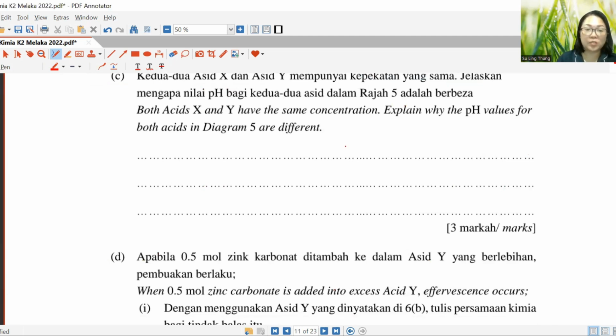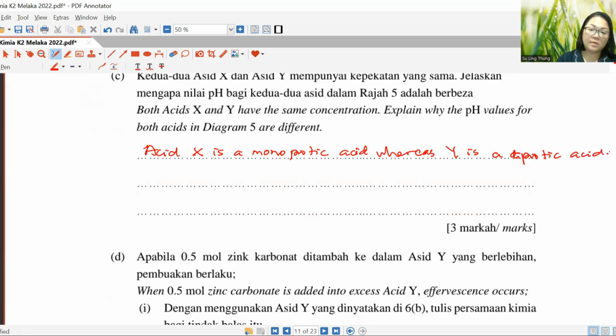So first you need to mention that, okay, acid X is a monoprotic acid, whereas Y is a diprotic acid, meaning X produces 1 mole of hydrogen ions upon ionization.